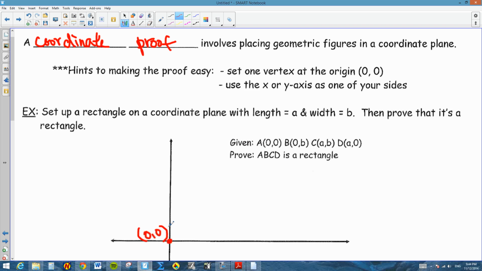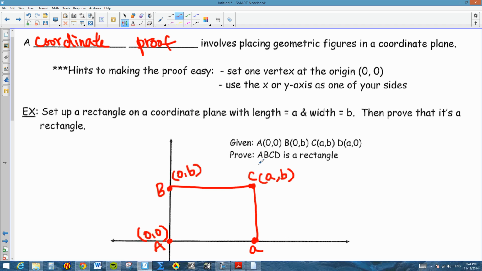Okay, 0, 0 and 0, B. Let's say this is B, and point A. So here is 0, B. And the other point here, we call point C. Point C is here, A, B. X equal to A, Y equal to B. So you connect this one, you get a rectangle.